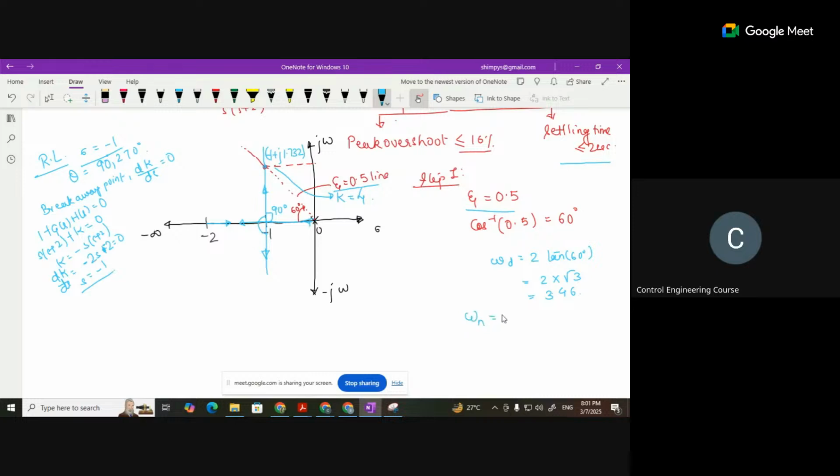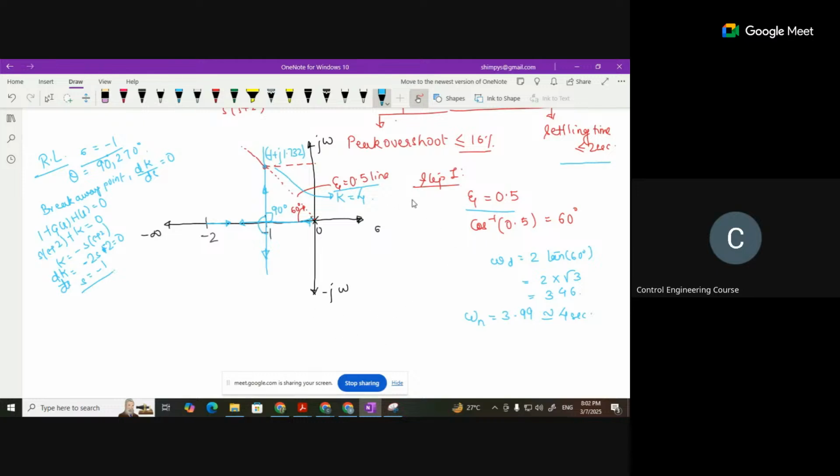Omega n comes out to be 3.99, that I can take approximately equal to 4 seconds. Okay, so let me finish it quickly. Then we can discuss it further in the next class, as proposed by you guys.